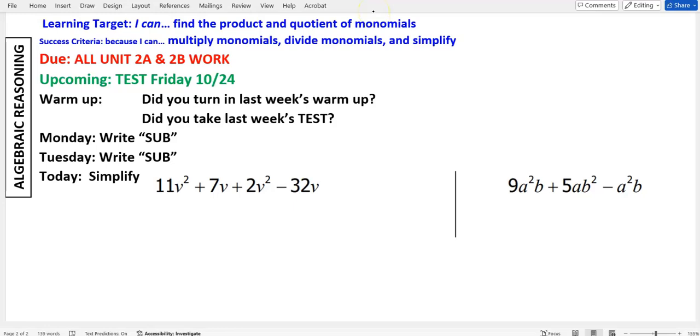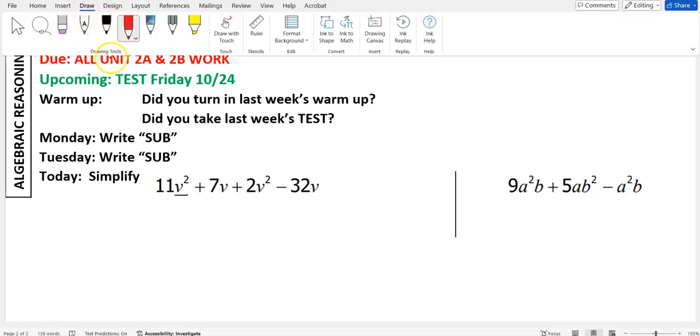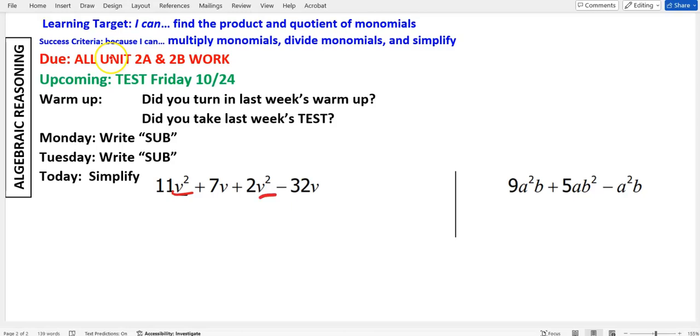What you did the last 2 days was combining like terms, right? So what are like terms here? You've got v squared. Do you have another v squared? Yes or no? V squared, v squared.